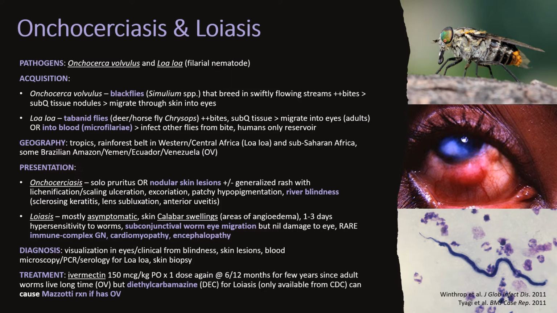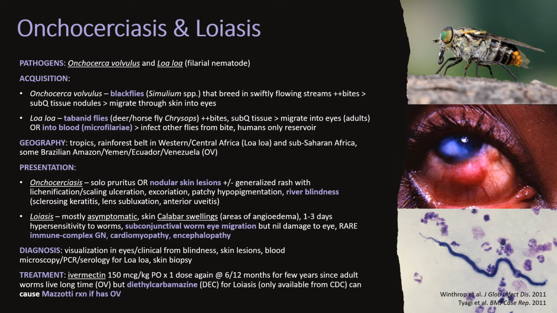Instead, patients can get features like Calabar swellings, which are like local IgE-mediated welt regions, or rare delayed hypersensitivities like immune complex glomerulonephritis. Diagnosis in each case involves serology, skin biopsy of those nodules, as well as visualization of eye changes characteristic for these worms. Treatment for river blindness is ivermectin, usually with repeat dosing required, but treatment for Loa loa as a filarial parasite relies on diethylcarbamazine.